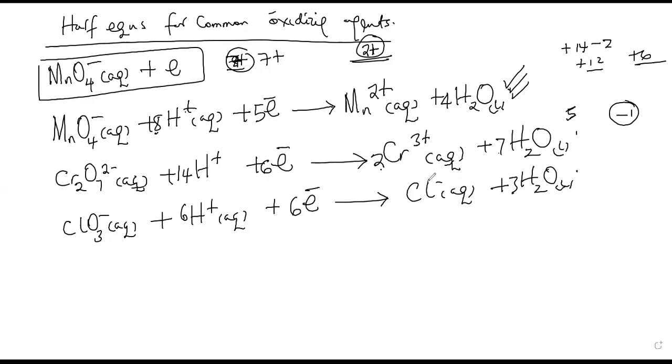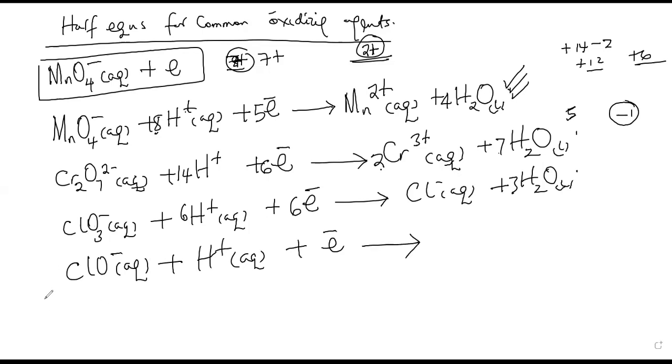It is okay. Then let's look at how to write for an oxochlorate. An oxochlorate is ClO⁻. Add an acid, add electrons.